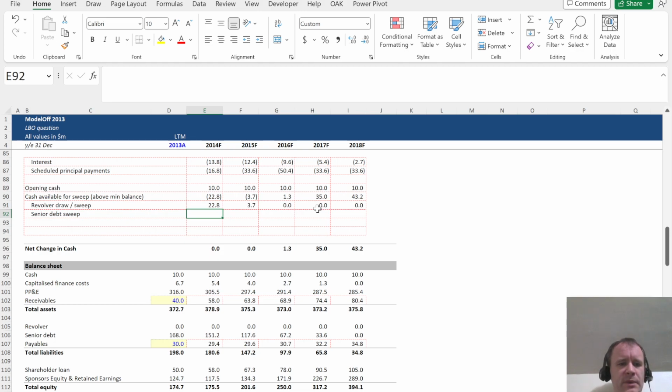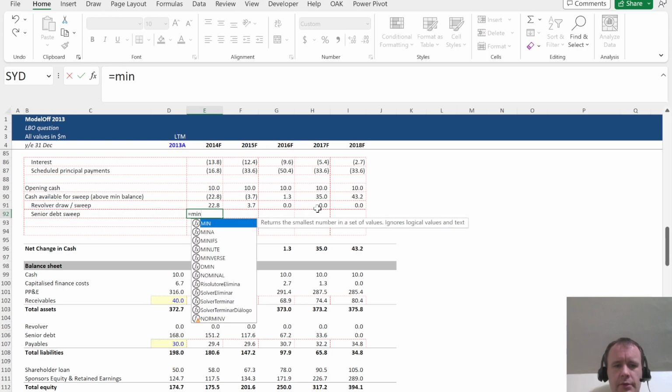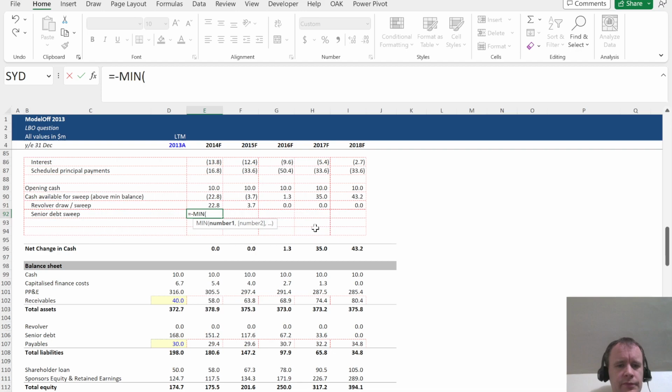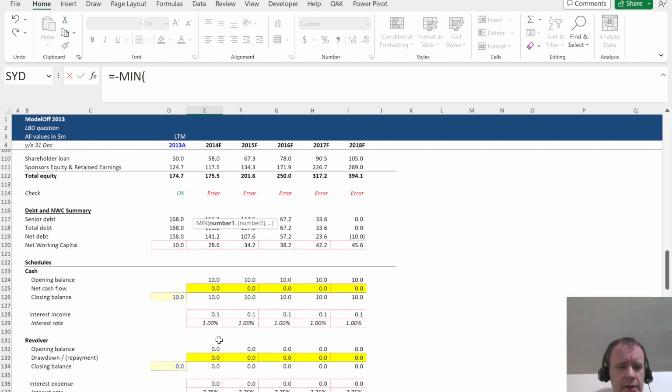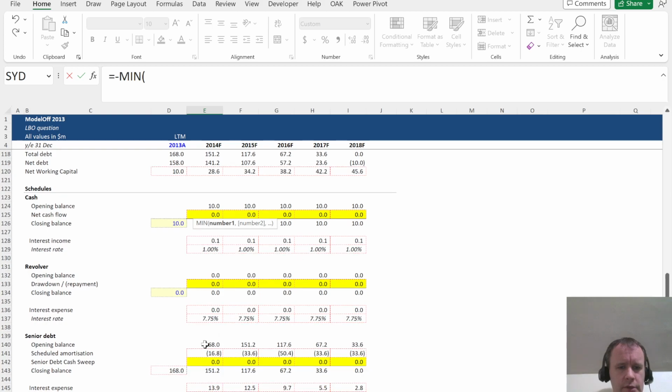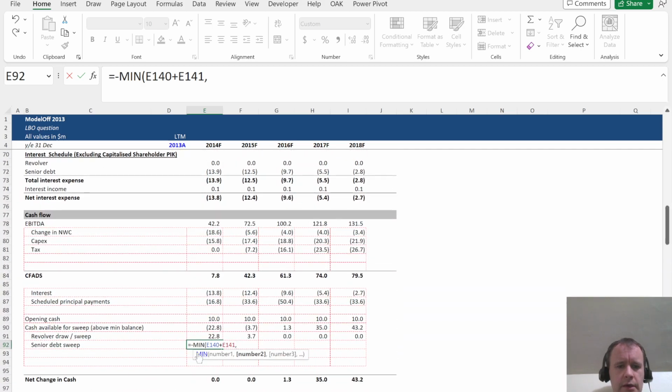And then senior debt sweep is going to be minus the smaller of the senior debt as yet unpaid, which is senior debt opening balance less the scheduled payment, and this plus this.